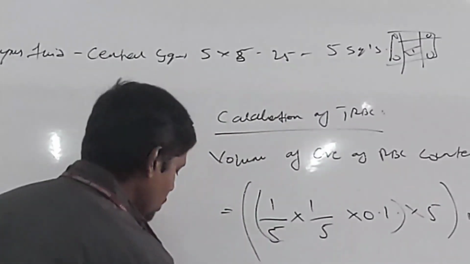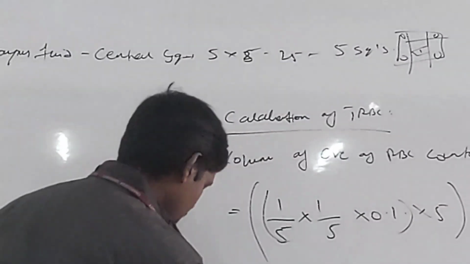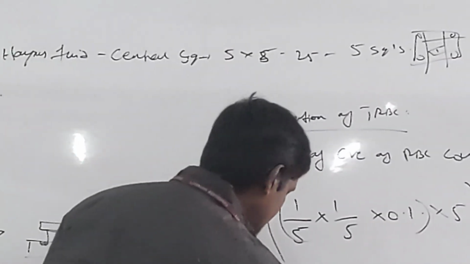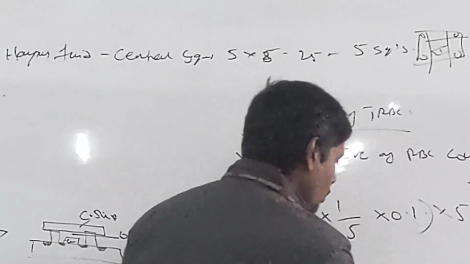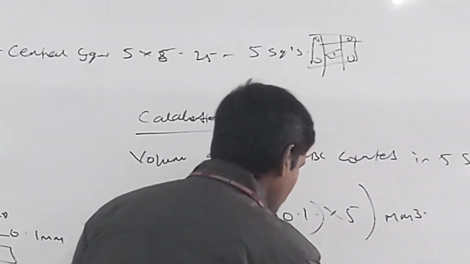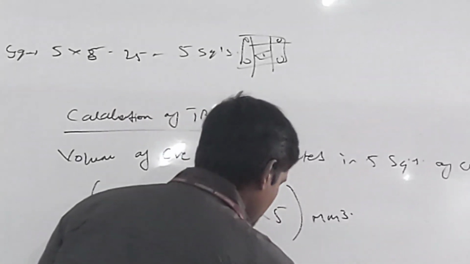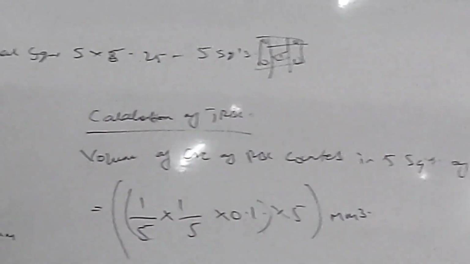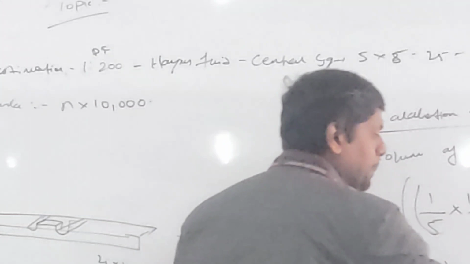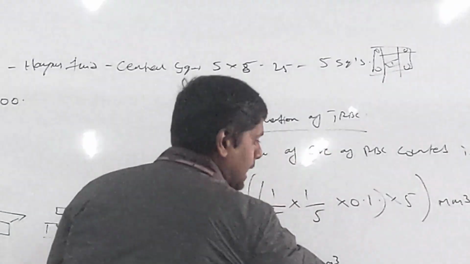That equals 1/50 millimeter cube. Therefore, N number of cells are present in this volume of 1/50 millimeter cube.